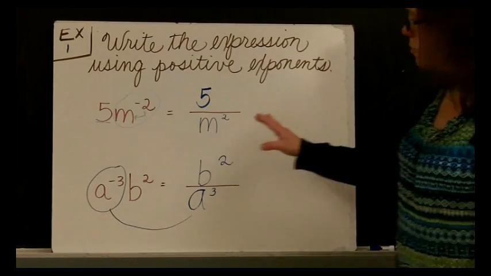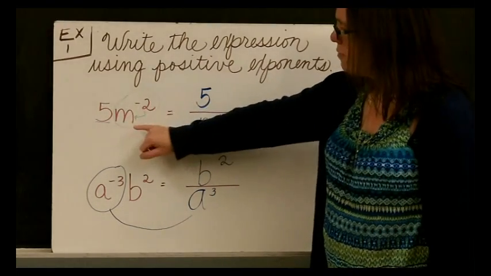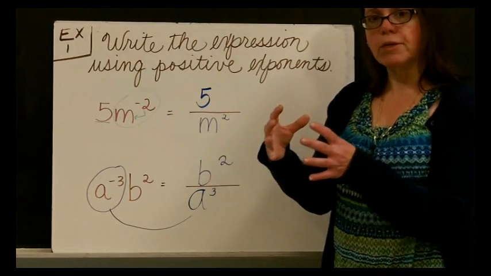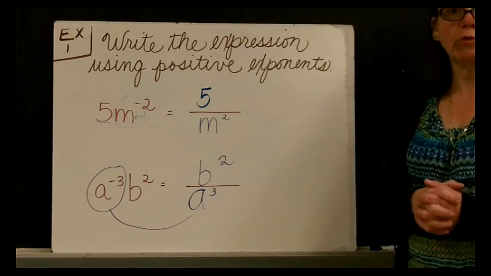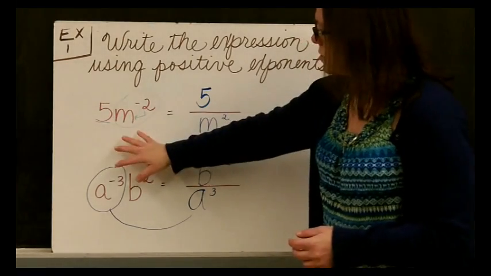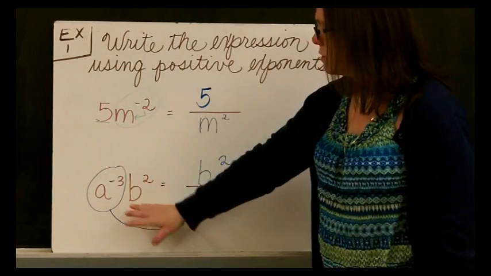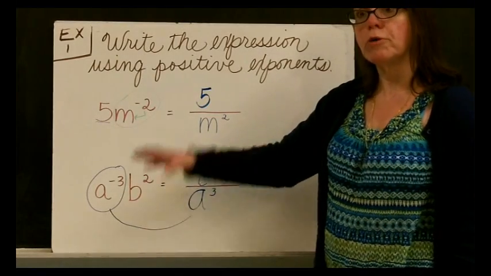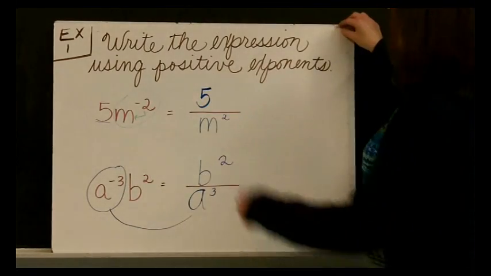All you have to remember is when you have a base with a negative exponent, we take that piece and we put it into the denominator of a fraction. If there are no other pieces with it, no coefficients, no variables with a positive exponent, then the numerator is simply 1.